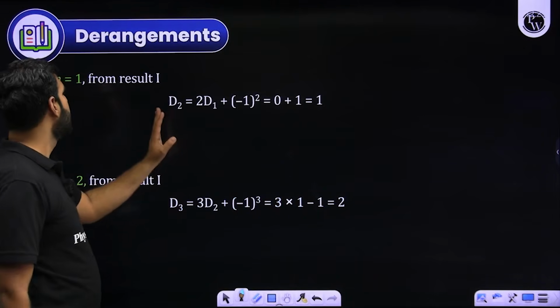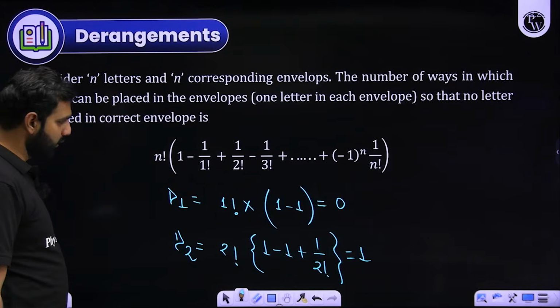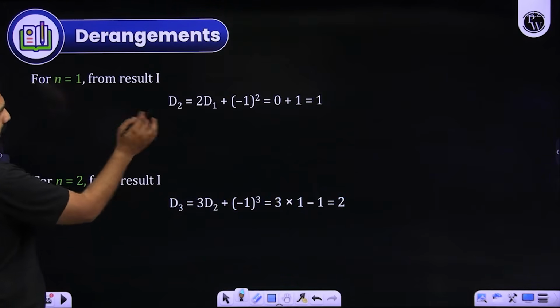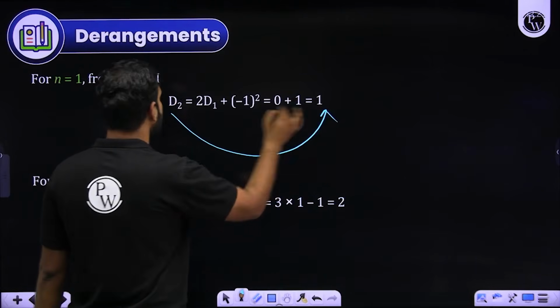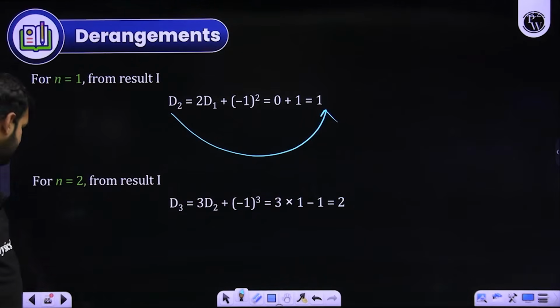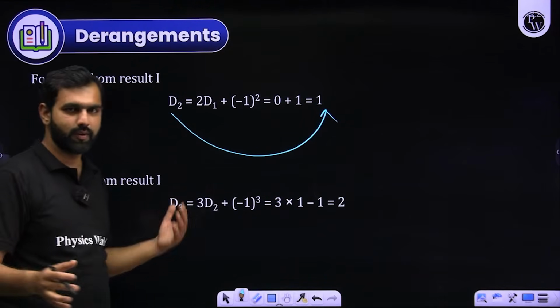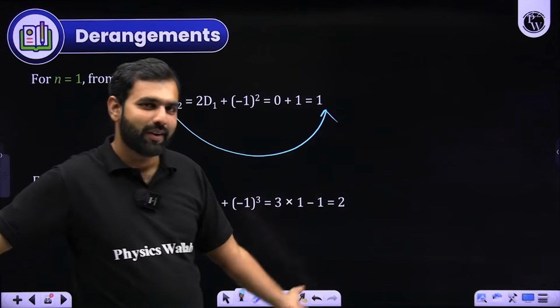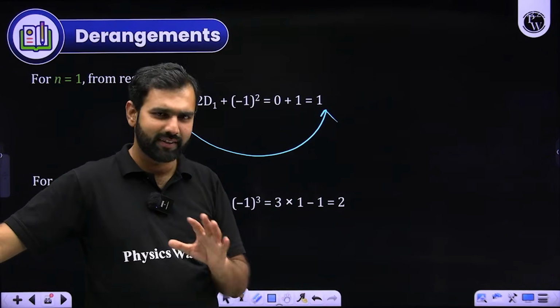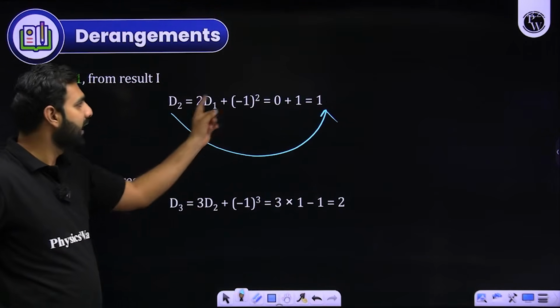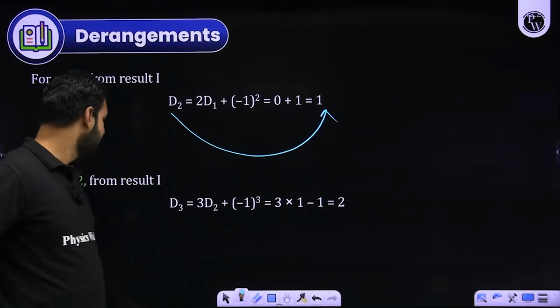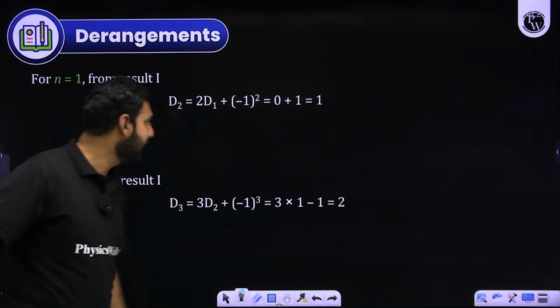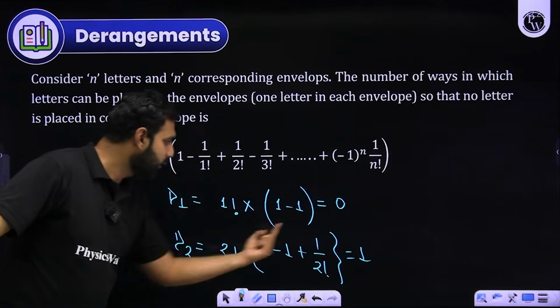Yes, D1 we know was 0. They are writing D2 here. I mistakenly took it as D1. So D2 will be 1. The data written on the panel and what I was saying is absolutely right. I just got confused. It is D2 actually. So D2 is 1. I hope you can see it very clearly, as we have also calculated D2 as 1.